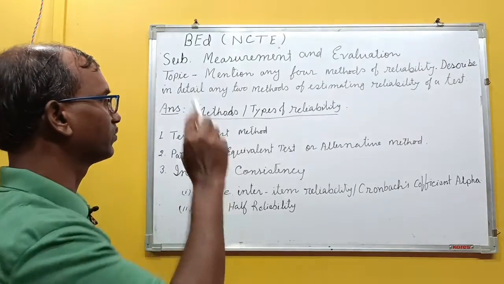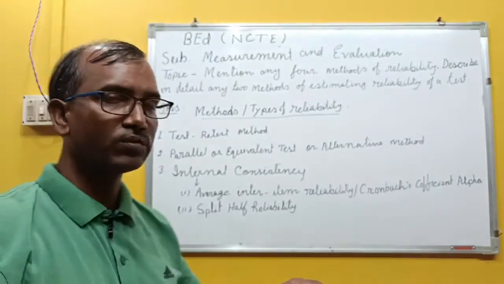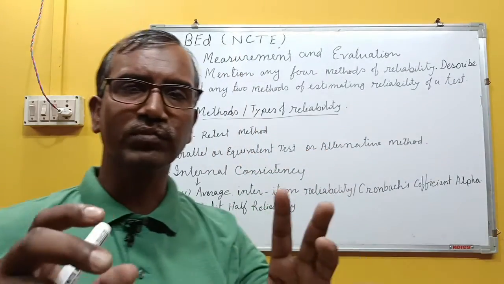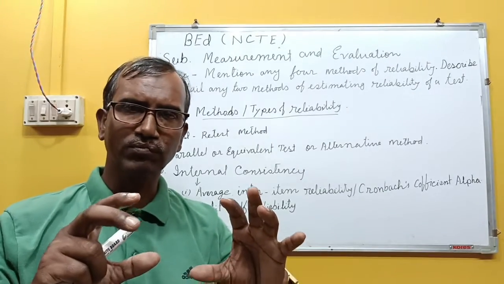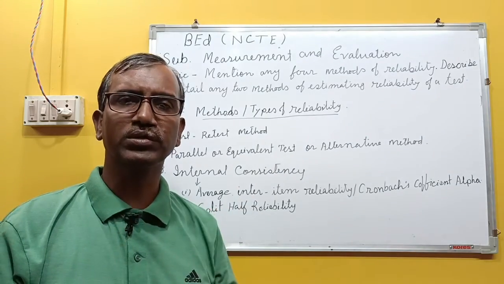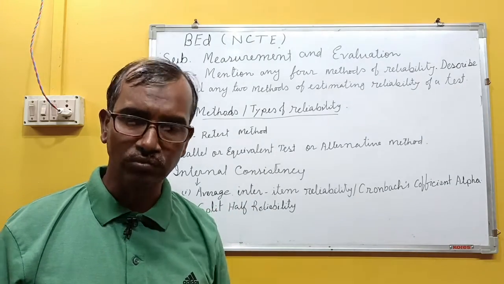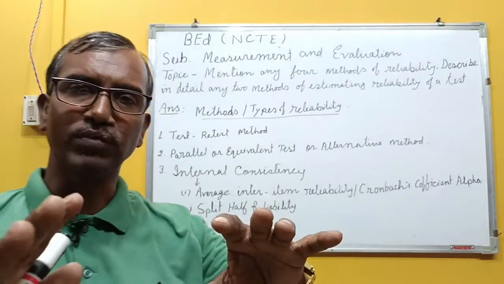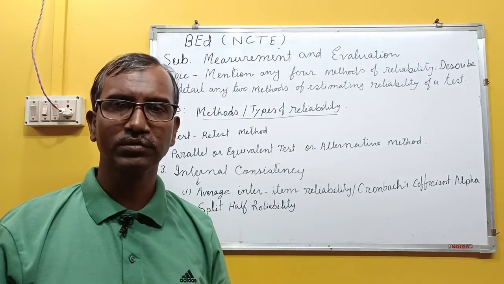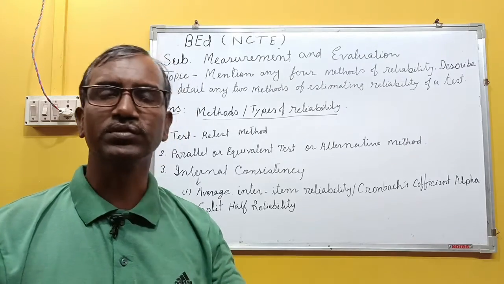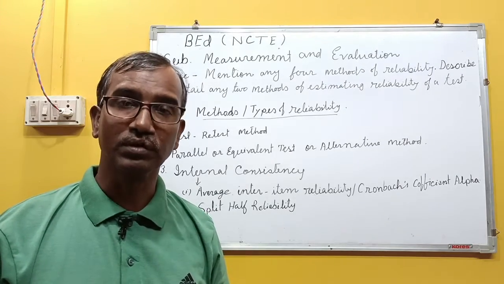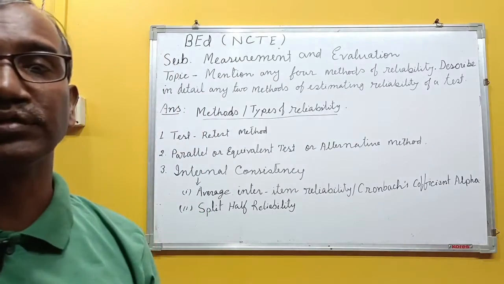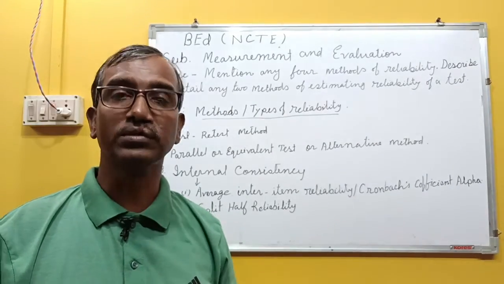Now let us try to understand the meaning of the different methods or types of reliability. As you know, a test means some patterns, some ways, some techniques by which the mental abilities and different capacities of an individual are measured. Some tests are known as standardized tests, for example the intelligence test.